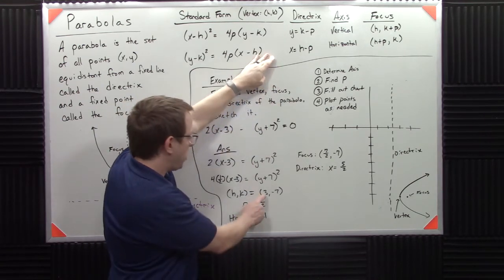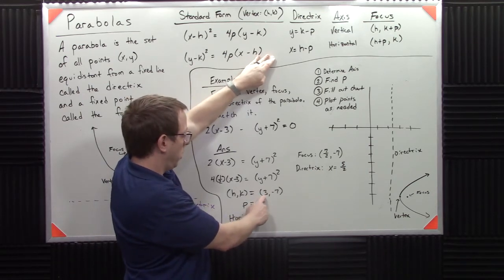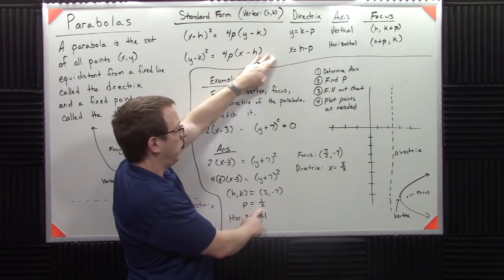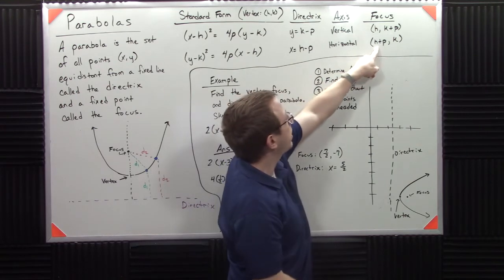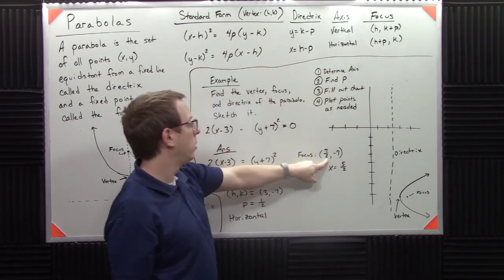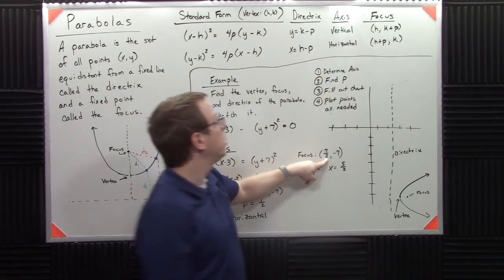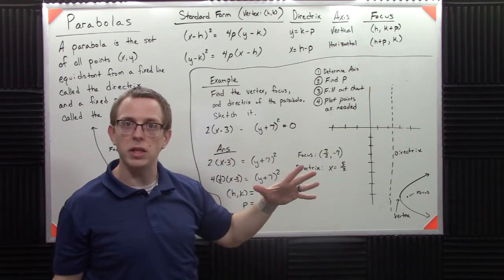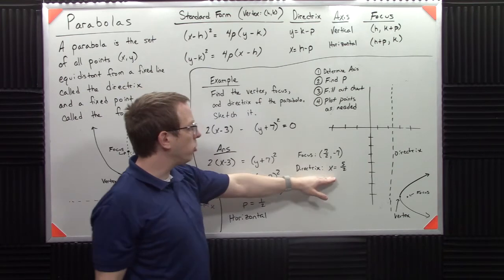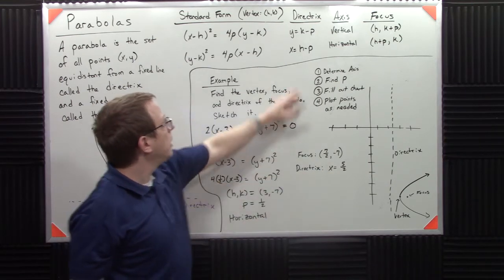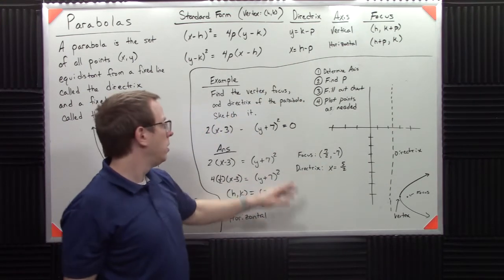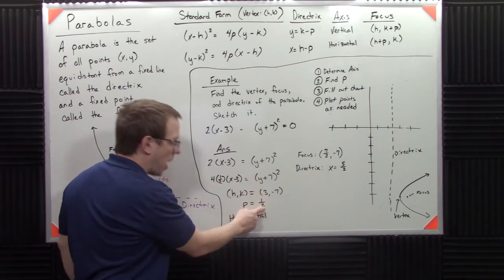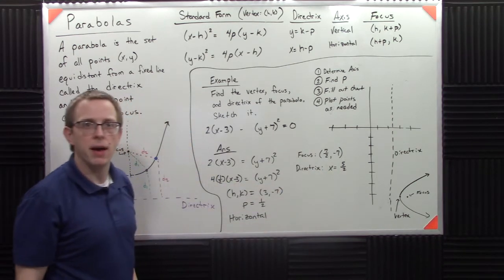So then I go h, well, h is 3, p is 1/2. So my focus is 3 plus 1/2. So right there's 7 halves. And then k, we already know what k is. K is -7. So I'm just filling this thing out. Now my directrix is h minus p. So then I have to say, all right, 3 minus 1/2. Well, that's 5 halves. Okay.